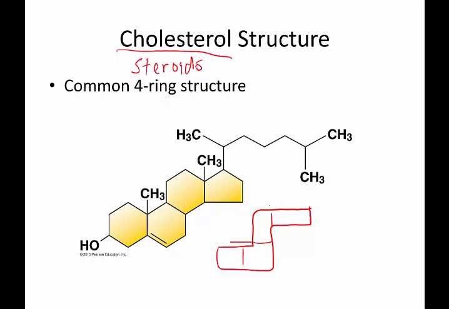If you play lots of Tetris, you're probably familiar with that shape. So it has the same exact shape like this. It has four rings linked together. And just like all the other lipid molecules, it's nonpolar. So these do not dissolve in water and they're hydrophobic.